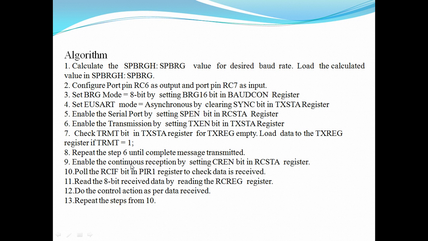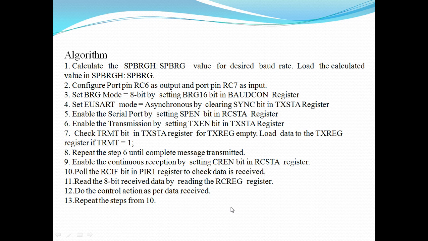Now about reception. If we need to receive data continuously, then we need to set the CREN bit, the continuous receive enable bit, in the RCSTA register that we discussed just before. Then we will monitor the TX and RC flags for transmission and reception of data.